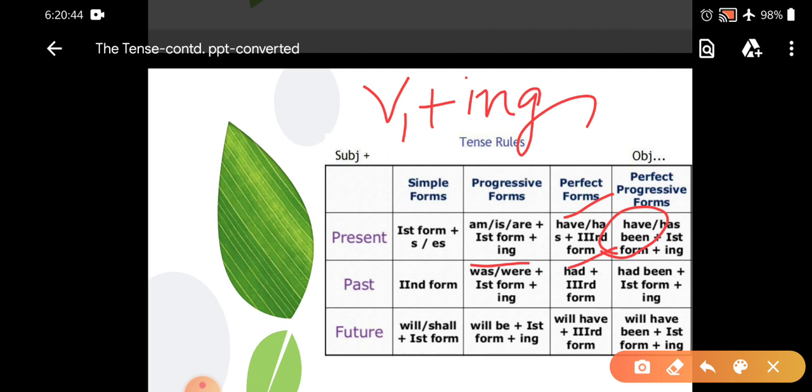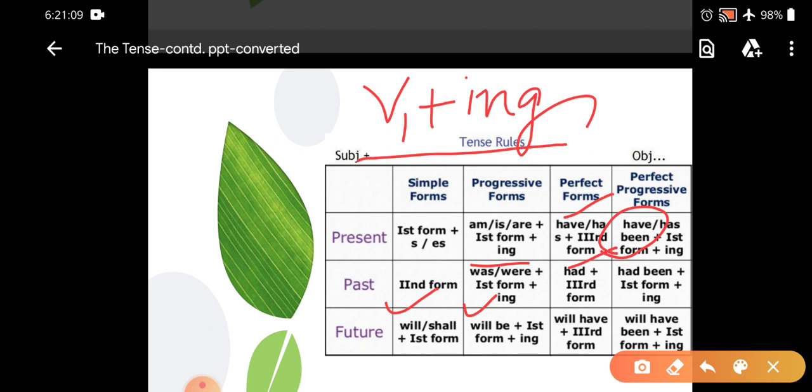So the same four categories are for the past tense. Past tense, for simple past or past indefinite, we use the second form of the verb, that is very simple. Then for progressive, just take a note, again we are using V1 plus ing. Wherever there is a progressive form or a continuous form, we use V1 plus ing.